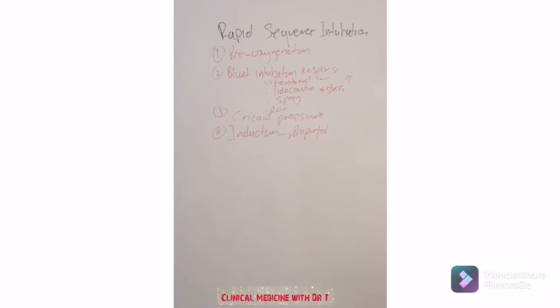I don't know if you can be quick enough to apply cricoid pressure as you give the propofol. I don't know. But what is important is that you want to have your cricoid pressure by the time propofol starts to have effects, meaning when the propofol starts to knock out the patient.